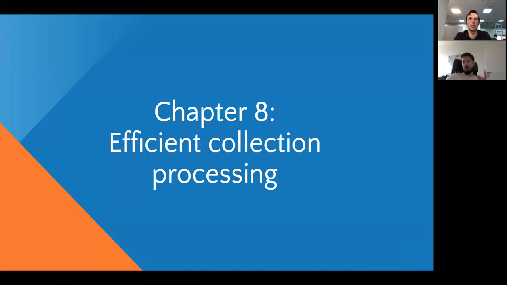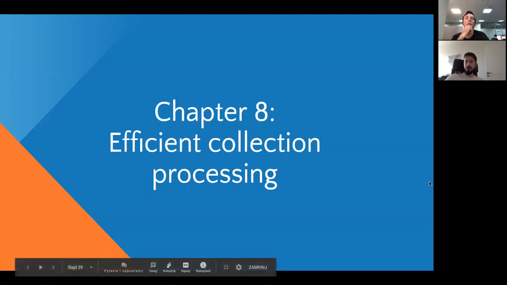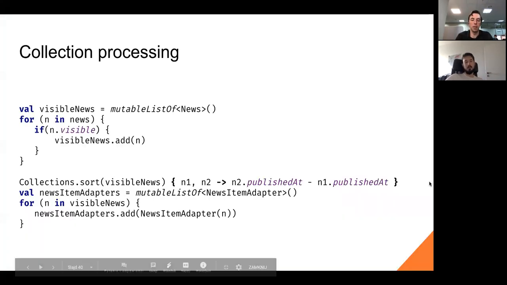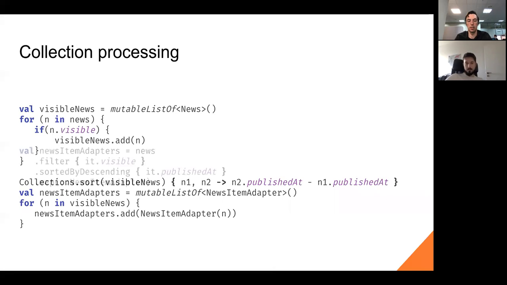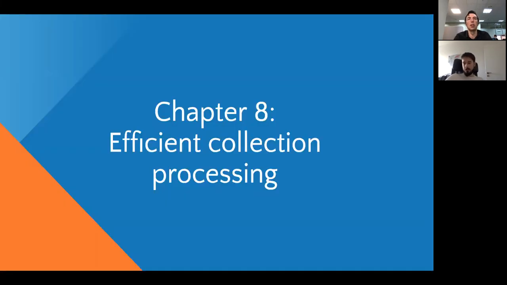Okay, one particularly important aspect of efficiency optimization in Kotlin is collection processing, because collections are very important in Kotlin and in other languages. The Lisp language was taken, and the name was taken from list processing.